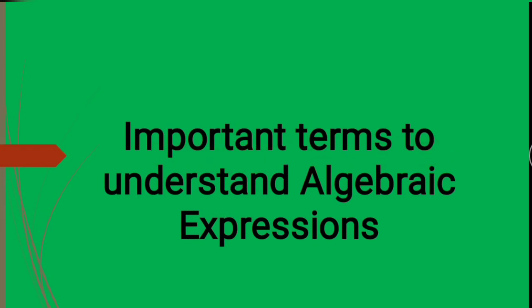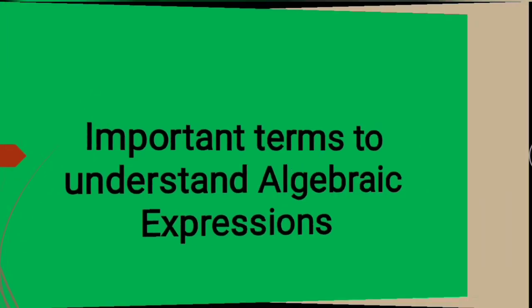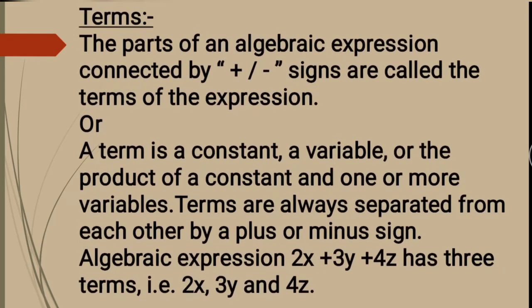Important terms to understand algebraic expressions. Terms. The parts of an algebraic expression connected by plus or minus signs are called the terms of the expression, or a term is a constant, a variable, or the product of a constant and one or more variables.